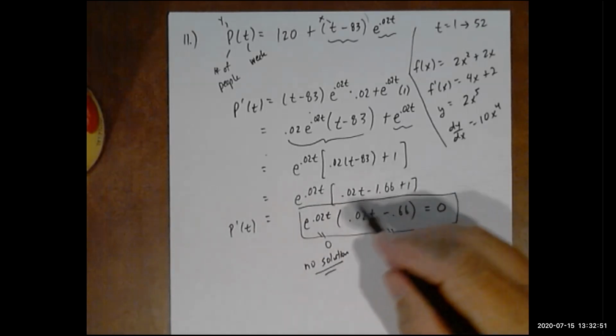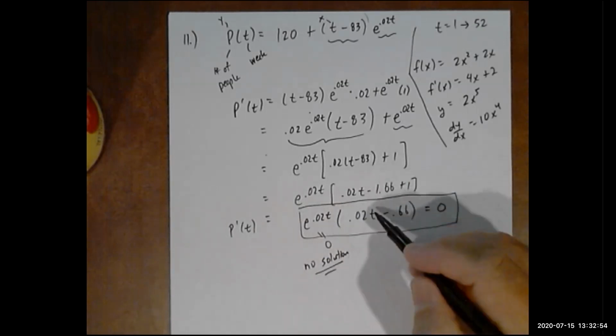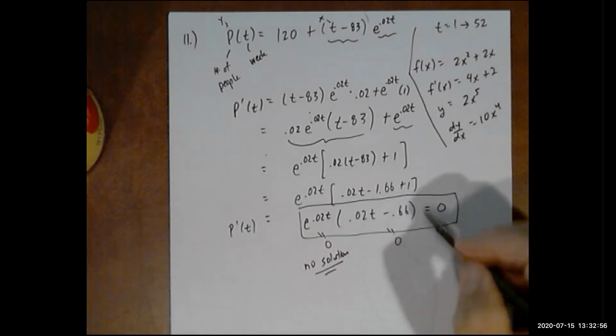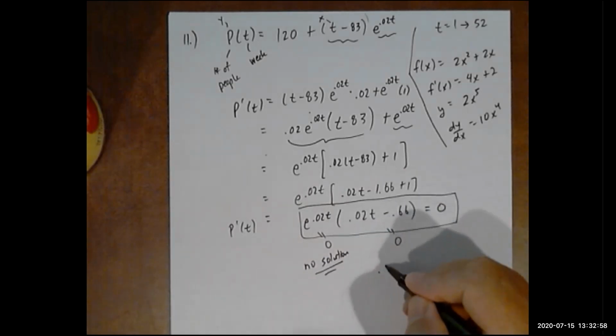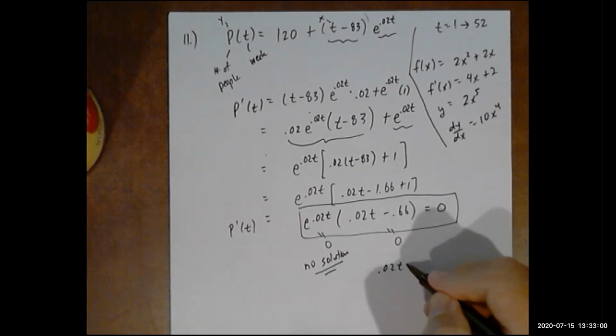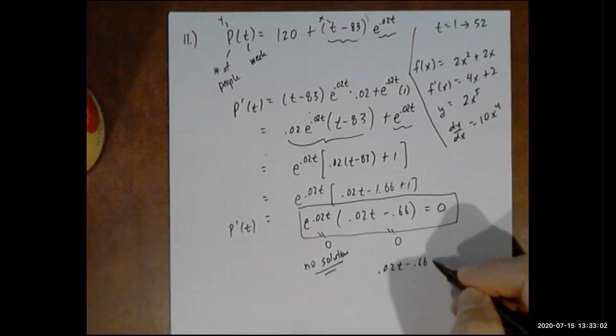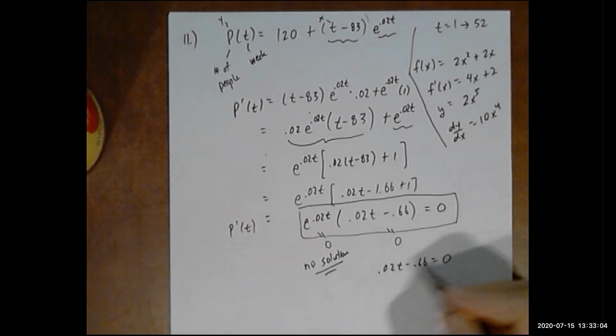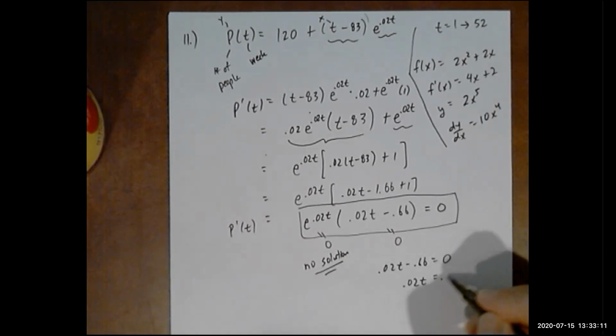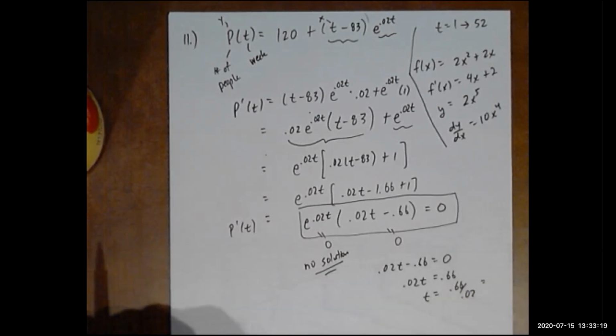Now I look at the parentheses and I say, okay, what value of t would cause the parentheses to be 0? In this case, the easiest thing is just to take that whole parenthesis, set it equal to 0, and solve for t. So if I add 0.66 to both sides, then I divide both sides by 0.02.